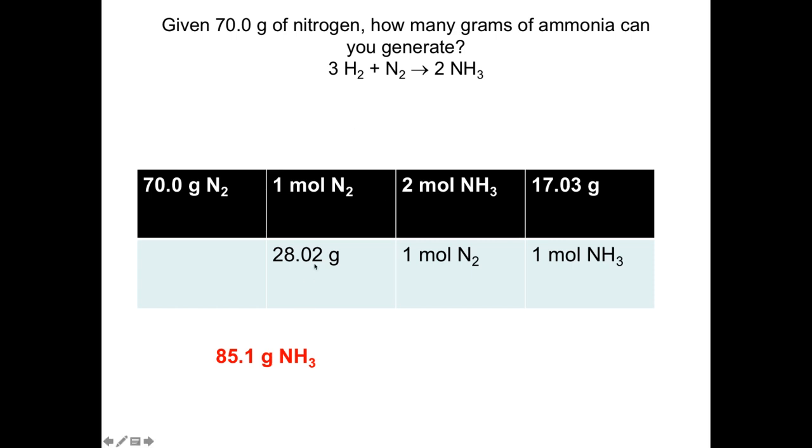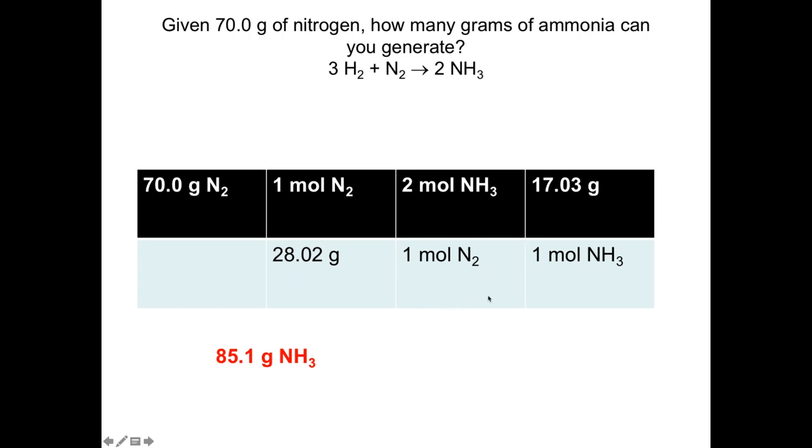So I'll have the molar mass of nitrogen here. And again, this step here we've done numerous times now in mole problems. The only thing new is that you have to have this balanced equation to be able to move from nitrogen to ammonia. And that's where the extra T will come in.